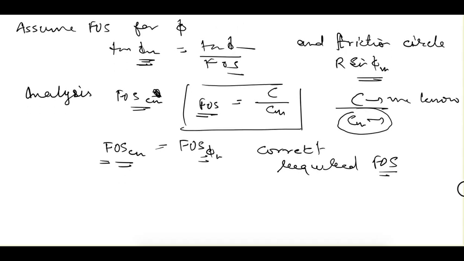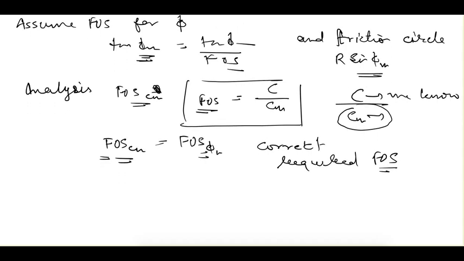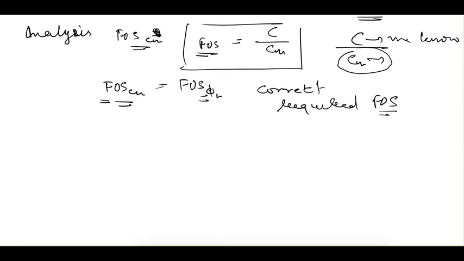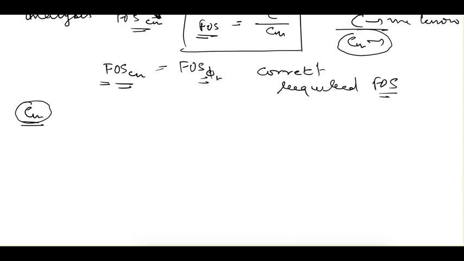Or if it is not equal, then we'll again assume some other factor of safety and follow the same procedure. The procedure, as I said, is all about finding this value of mobilized cohesion, because that we don't know. Now what we do in this method is take the equilibrium of three forces.